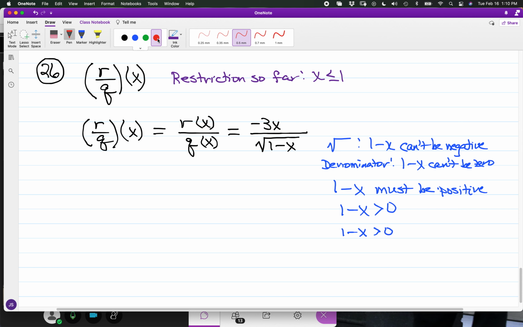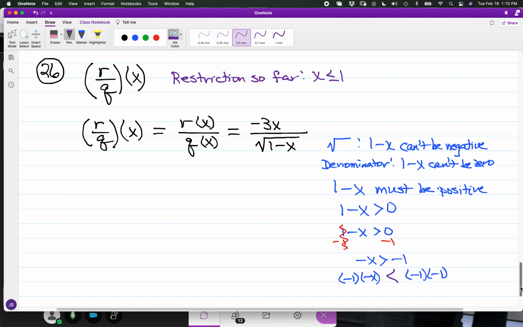Taking 1 away from both sides, we have that negative x is greater than negative 1. And just changing the sign value, again, if you multiply or divide by a negative, you're going to have the direction of the inequality change over.